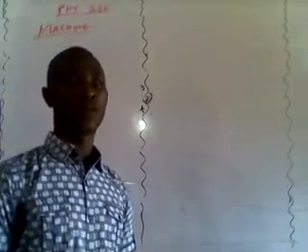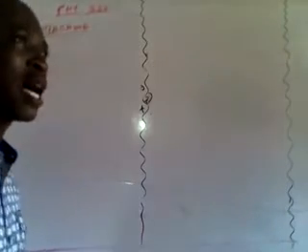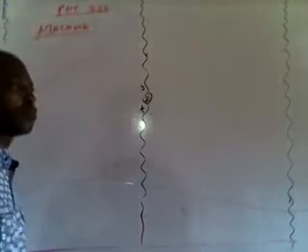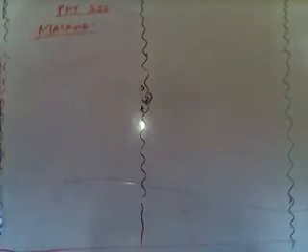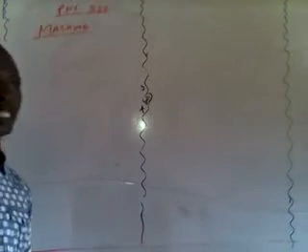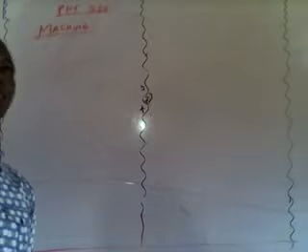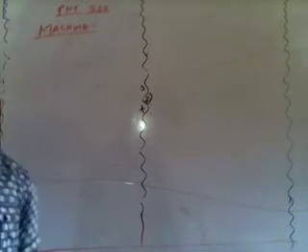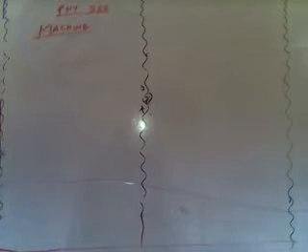So today we are looking at another aspect of our topic, which is machines. What is a machine? A machine is simply put as any device or tool that we can use to make our work easier.